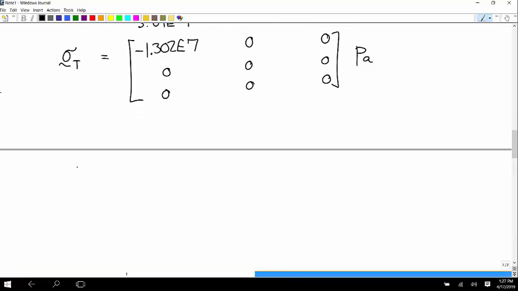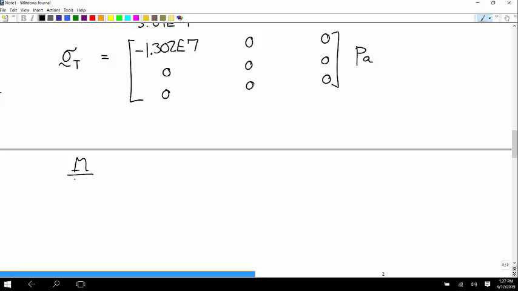And now the stress due to the bending moment, that's going to be equal to negative My over I. I is 1/12 times, so the way we're going to do this is calculate I for the outer rectangle and subtract I for the inner rectangle.